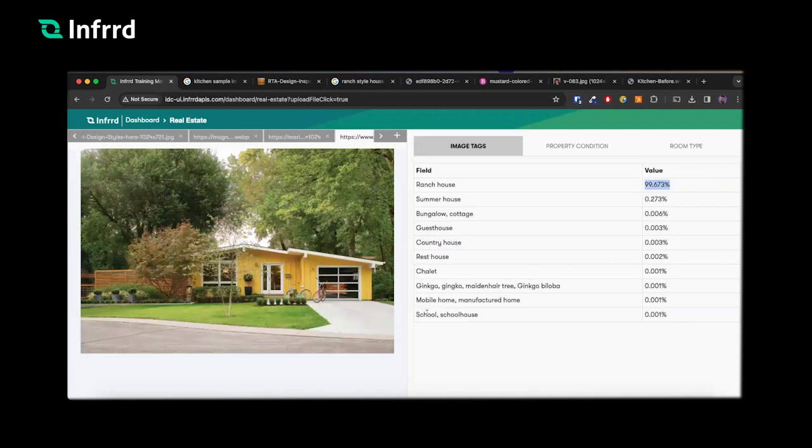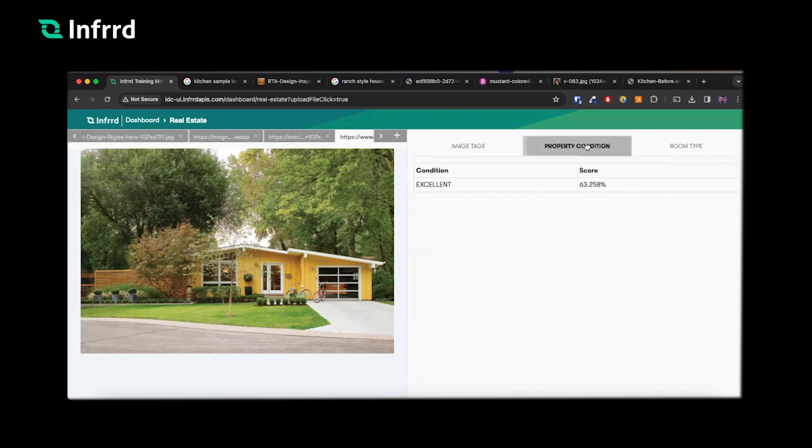This is schoolhouse, but that's very low probability. Highest probability is that it's a ranch house. The property condition is excellent, as we can see from the image. And again, there's a front of a house, there's a porch, and there is possibility it's a backyard. This is probably a front yard, but more importantly, it says that this is the front of the house.